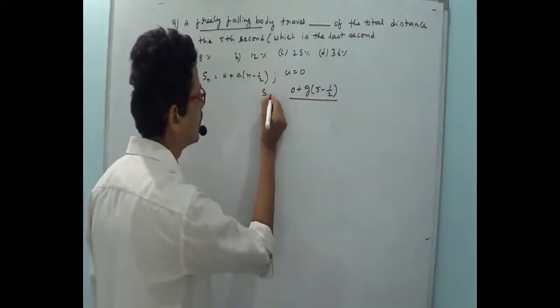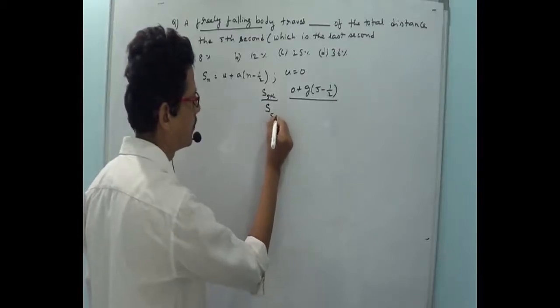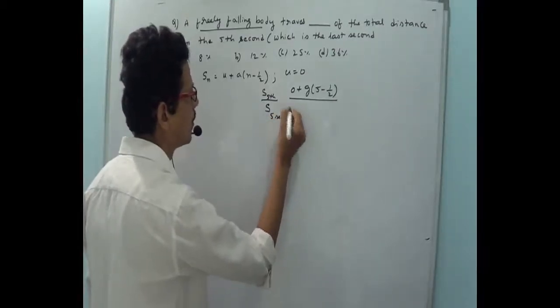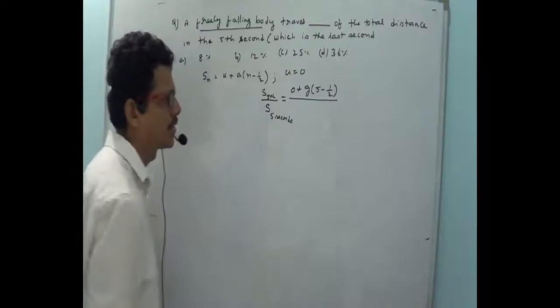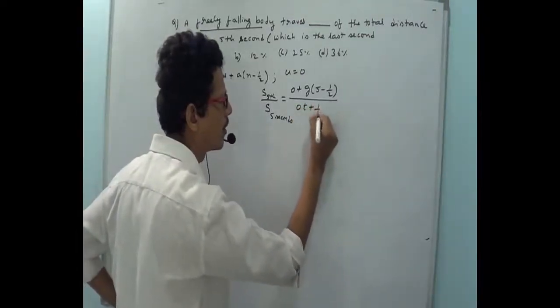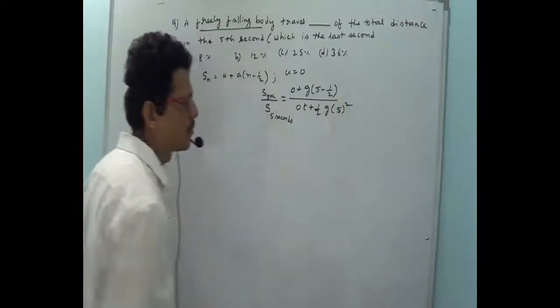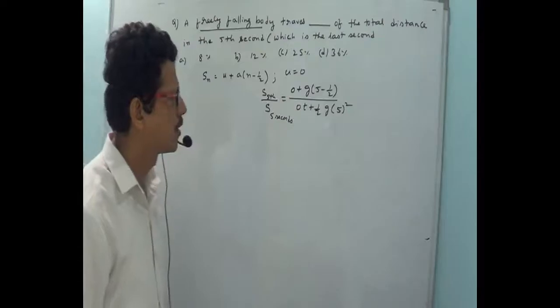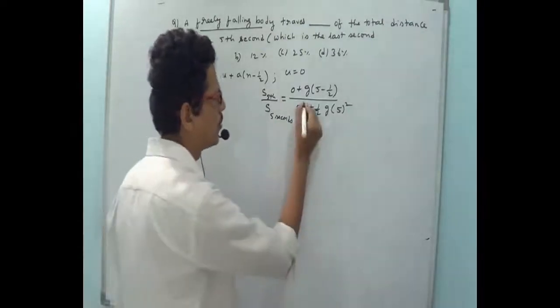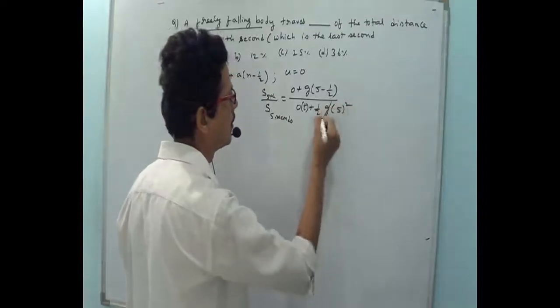Distance traveled in the fifth second divided by distance traveled in 5 seconds. So what is the distance traveled in 5 seconds? Ut plus half GT square. T square means 5 square. The 0 into T is 0 only here, and G will get cancelled.